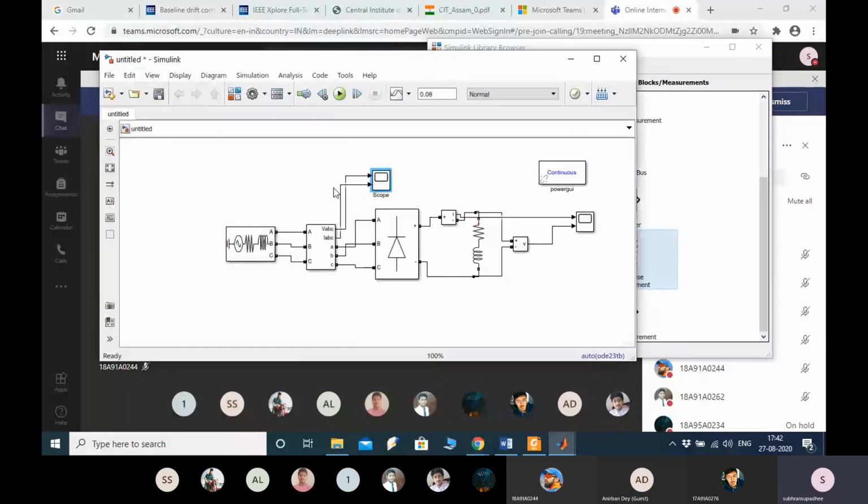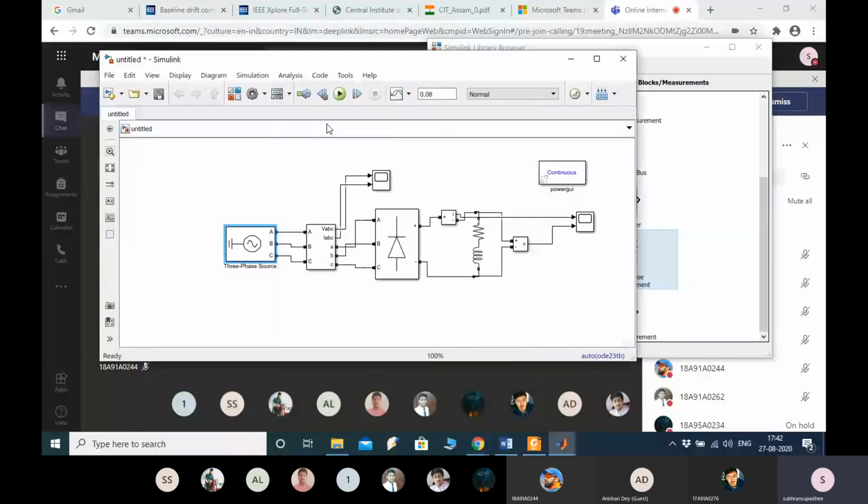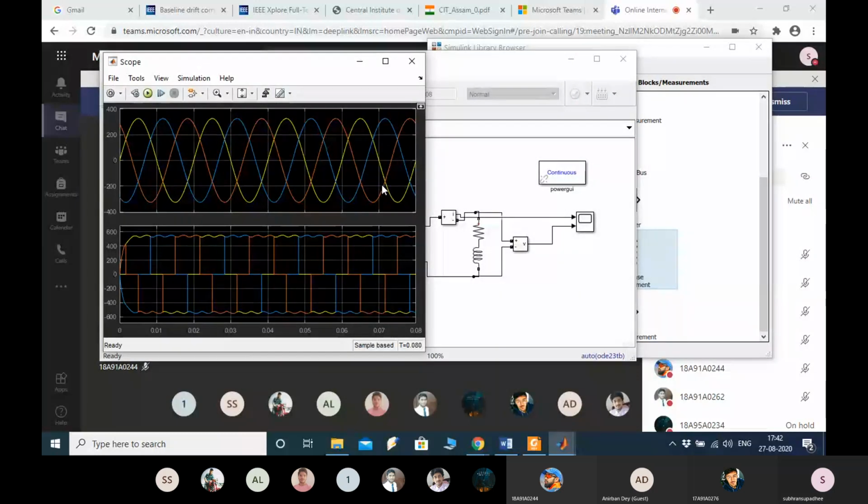Still the voltage is not showing. Internal resistance is not required. Noisy connection. Okay. Now all right.